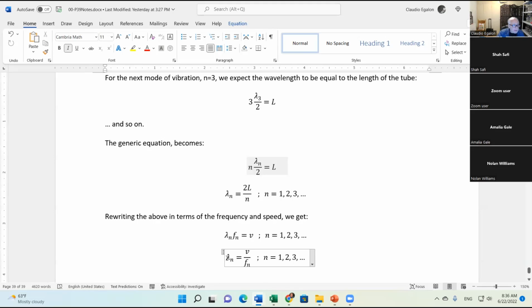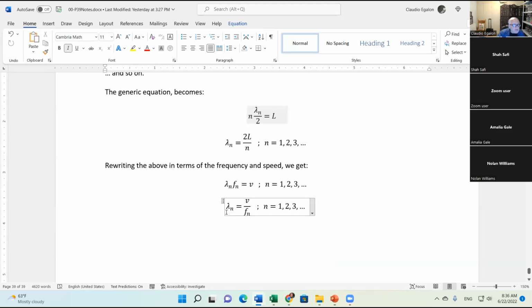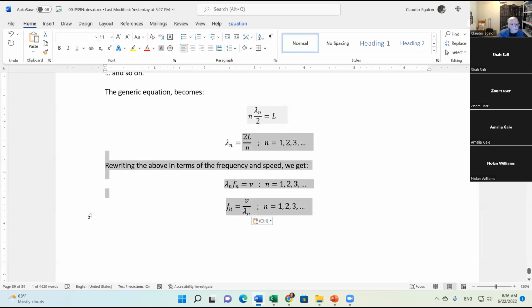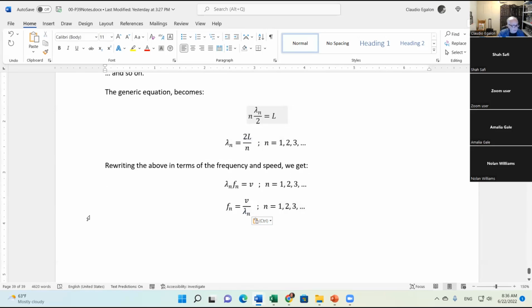Or even better, let's see, there's a better way of doing that. Let's change it this way: f and lambda, the same equation. And I'll substitute this lambda right in here, 2L over n.